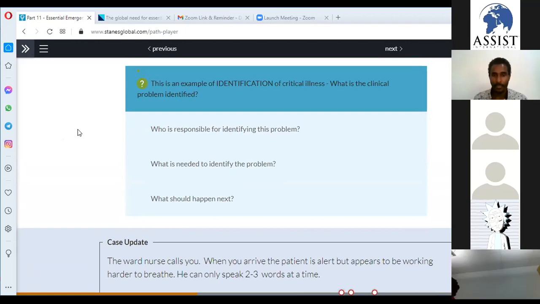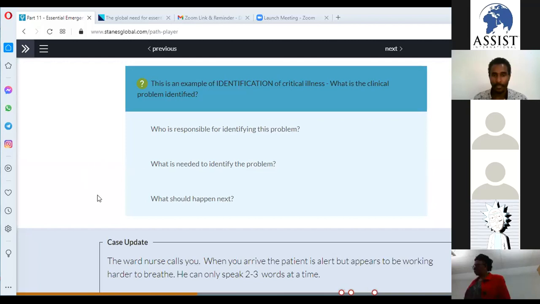What's needed to identify the problem is just frequent monitoring, taking clinical vital signs with available, cost-effective resources, like a non-invasive blood pressure monitor. You may count the respiratory rate, count the pulse rate, and if available, check the saturation using pulse oximetry.